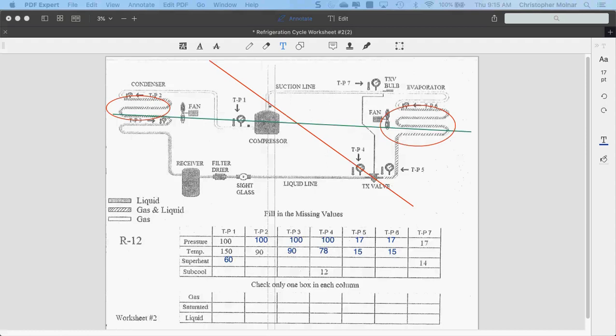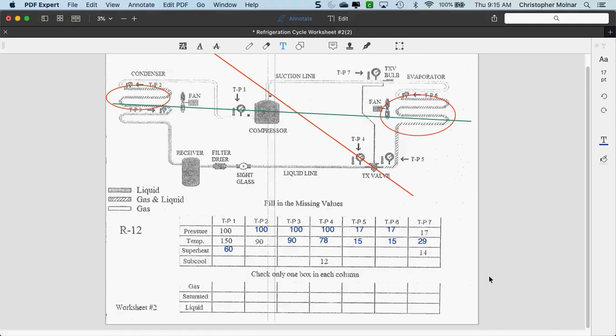I have to add it, because superheat is additional sensible heat that is added to the refrigerant in the last pass of the evaporator and in the suction line. So what is my temperature at TP7? 29. 29. Okay, and again, we're going to talk more about superheat tomorrow.